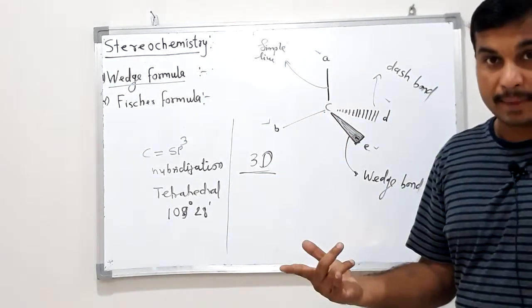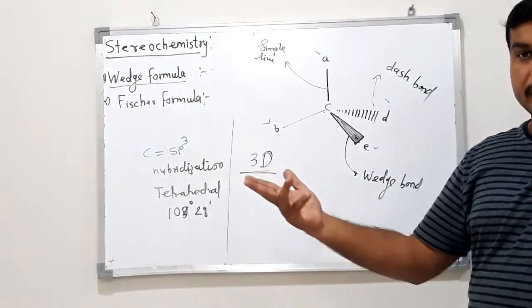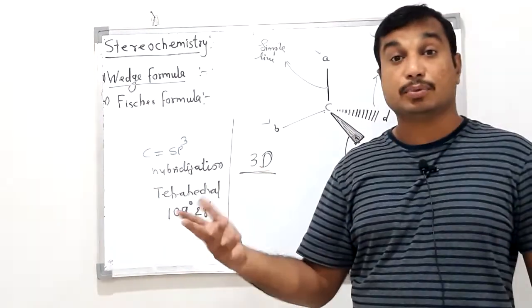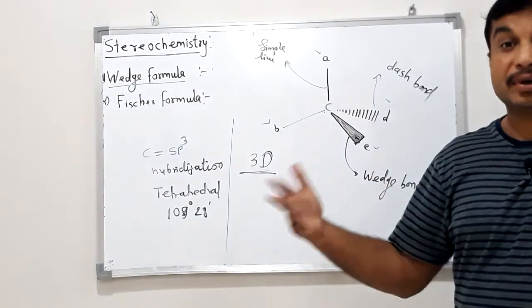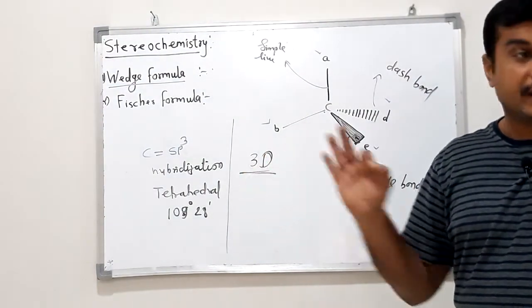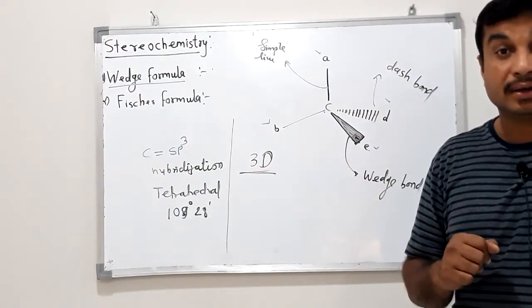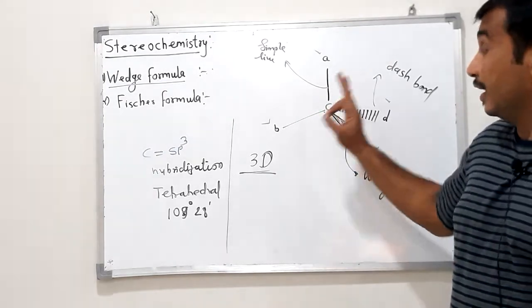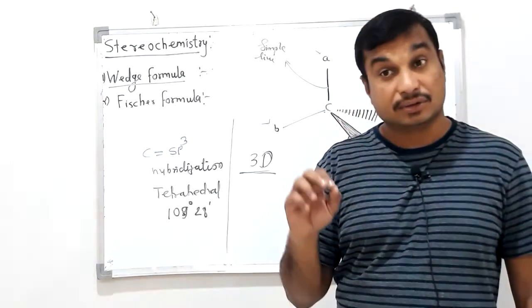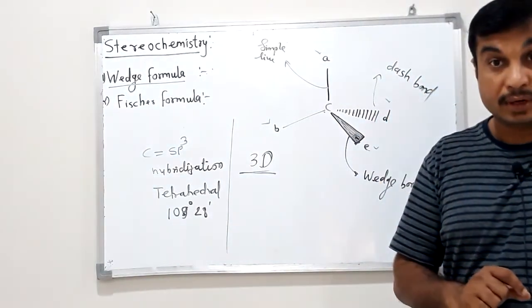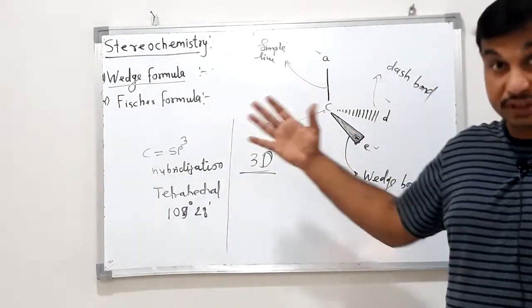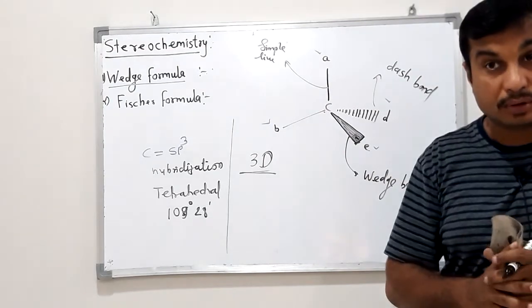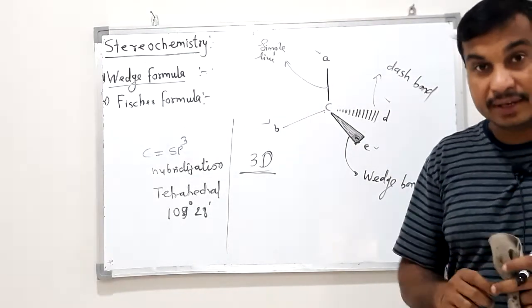But suppose any other organic compound has 10 tetrahedral carbon atoms, then it is very difficult to draw the three-dimensional structure. Then what do we have to do? It is not possible to draw such a big structure on paper.